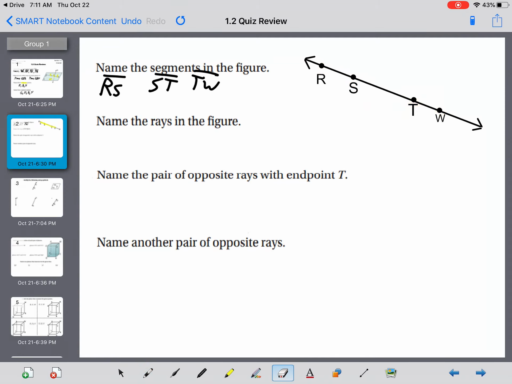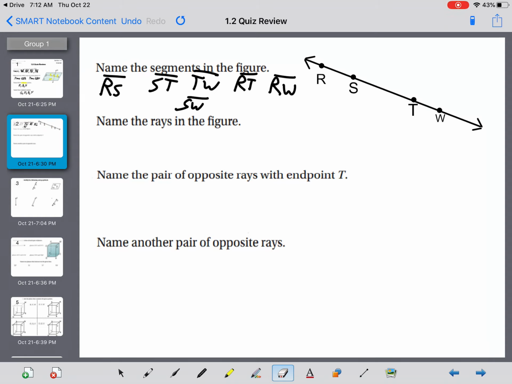We also have RT. RW. And what's another one that we have? SW.